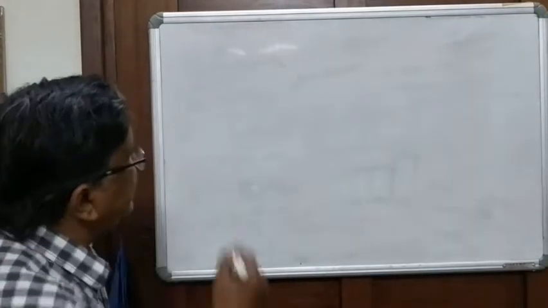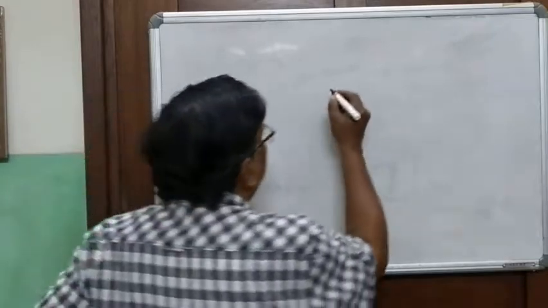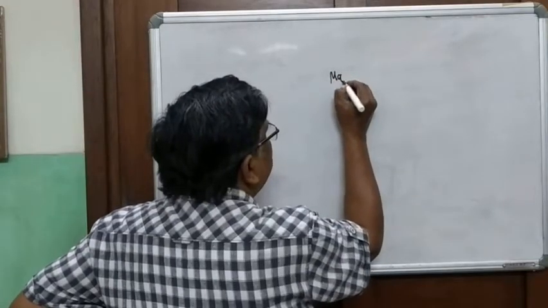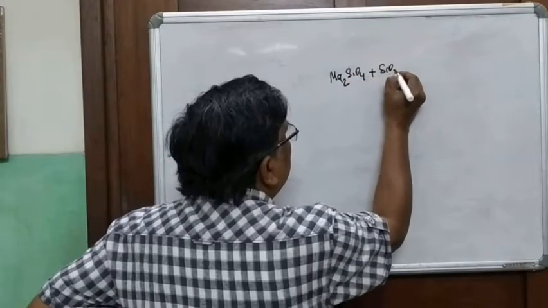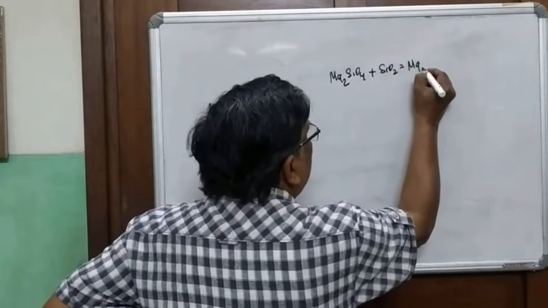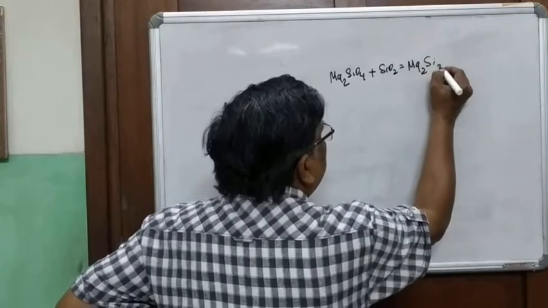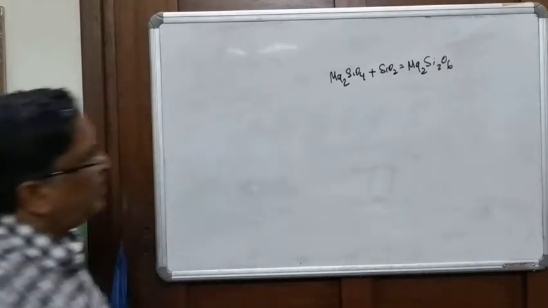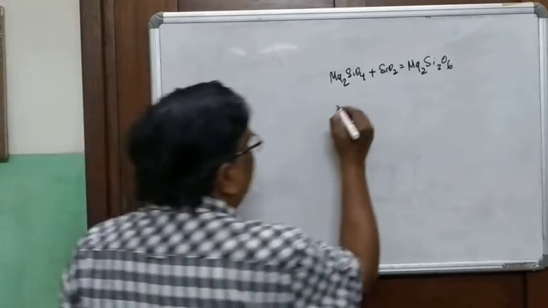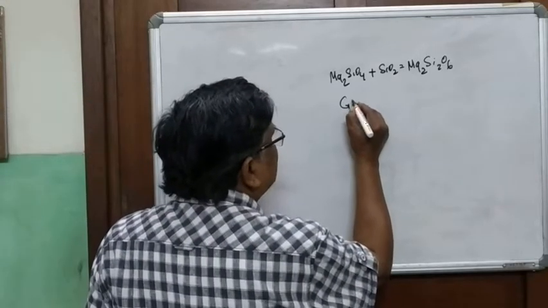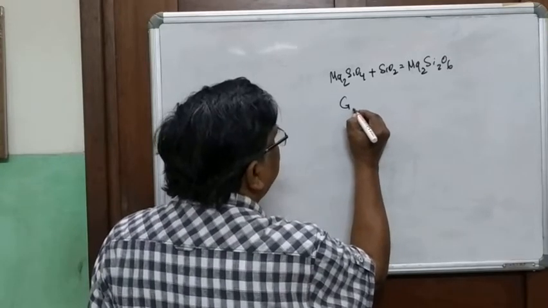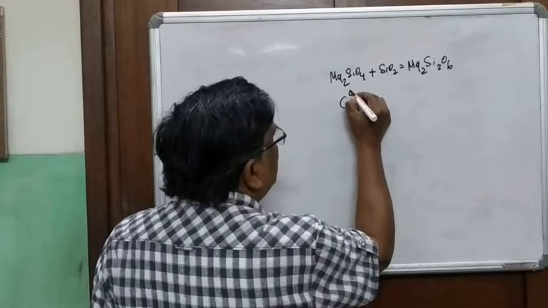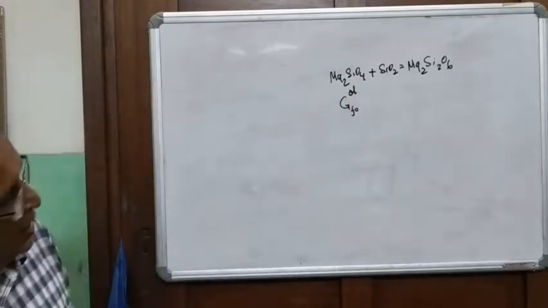Now, for any reaction, I will write this as an example. Say Mg2SiO4 plus SiO2 is equal to Mg2Si2O6. For Mg2SiO4, I told you it is like this. The subscript is forsterite, the superscript is olivine.